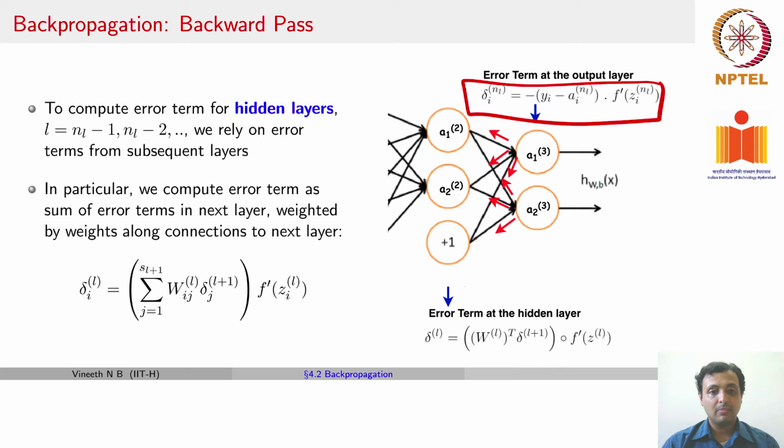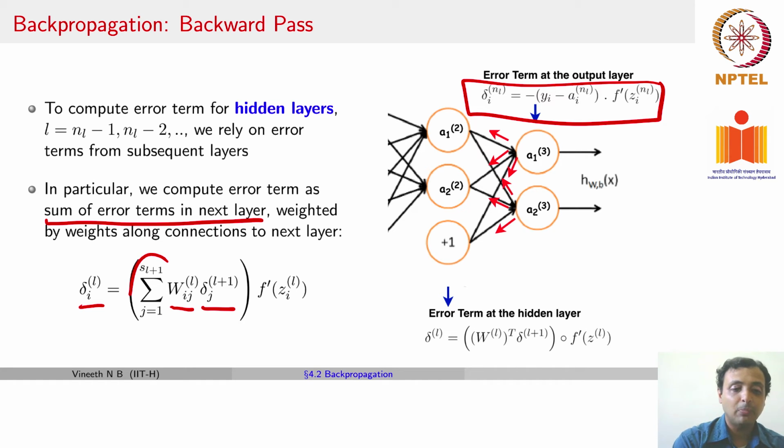Now the error term at the hidden layer is given by the sum of the error terms in the next layer, which means delta_i in the Lth layer is going to be given by delta_j in the (L+1)th layer multiplied by w_ij in that layer that goes from the Lth to the (L+1)th layer. Sum them up over all the neurons, where S_(L+1) denotes the number of neurons in the (L+1)th layer.